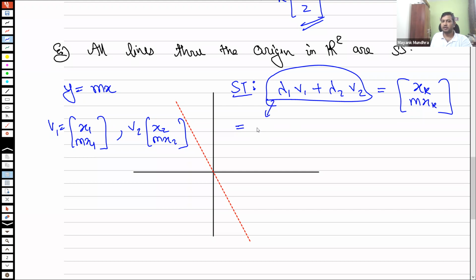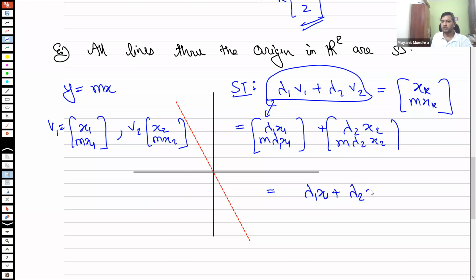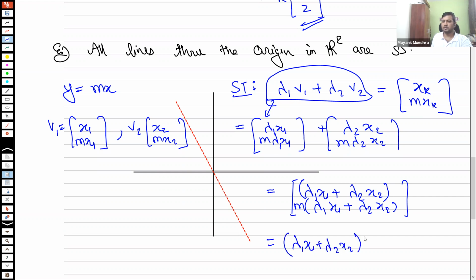So lambda 1 v1 plus lambda 2 v2 is going to be (lambda 1 x1, m lambda 1 x1) plus (lambda 2 x2, m lambda 2 x2), which equals (lambda 1 x1 plus lambda 2 x2, m times (lambda 1 x1 plus lambda 2 x2)), which is basically lambda 1 x1 plus lambda 2 x2 times (1, m). So I have obtained the 1:m ratio.